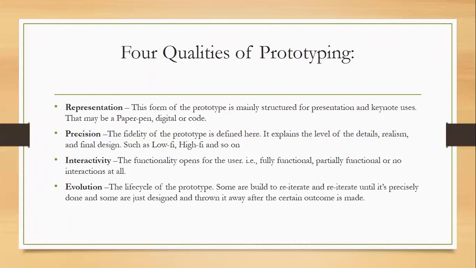It is important that your prototype is precise, so we look at precision. The fidelity of a prototype is defined here. So for your Lab 3, we're looking for really high fidelity type designs, meaning your prototype needs to be as close to the real product or the final design as possible.